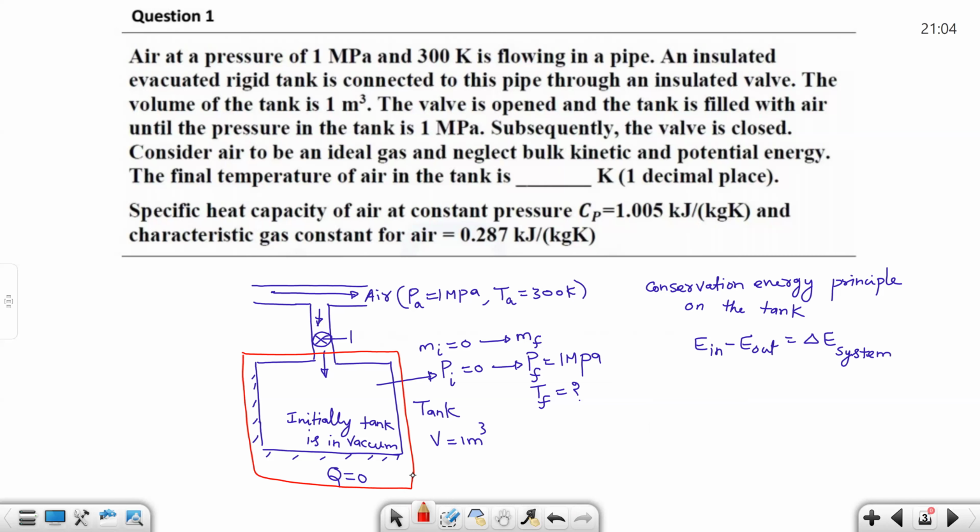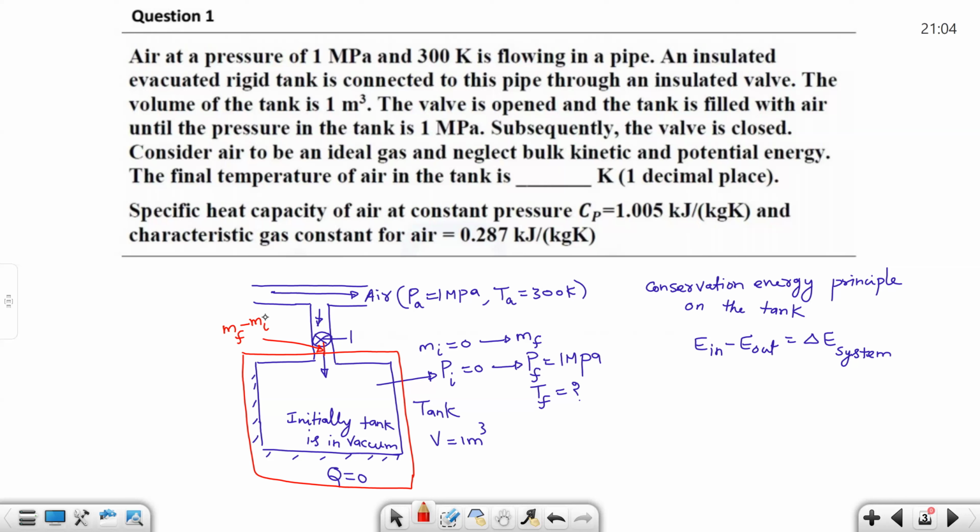there will be energy going into the tank. What is the mass going into the tank? It is the final mass inside the tank minus the initial mass inside the tank. Initially the mass is maybe 0 because of the vacuum, but you assume that initially there is a mass.